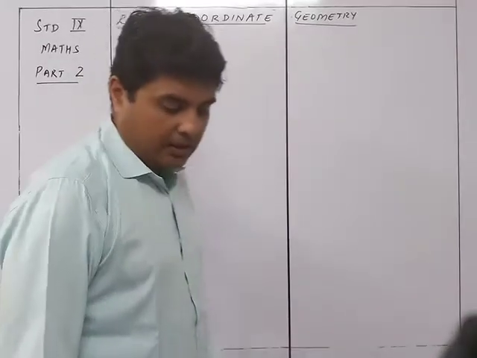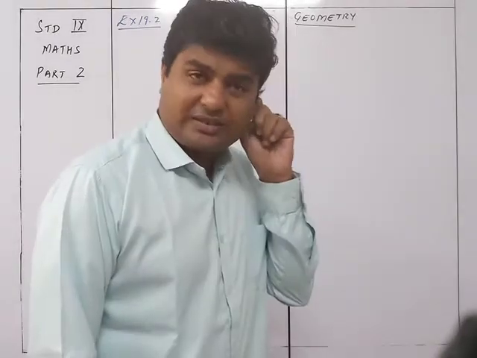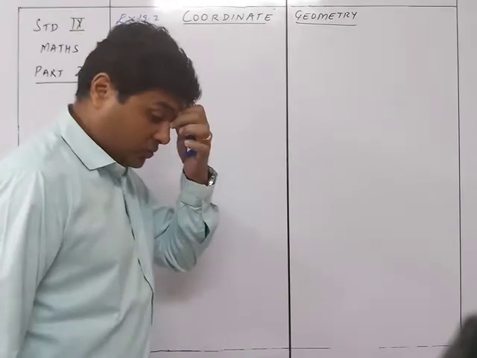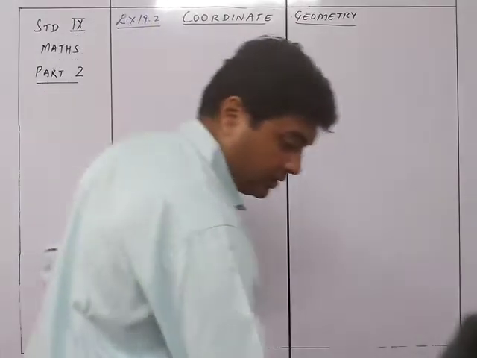Okay, let's see one by one all the sums. So I'll take both the sums of first one, then third, fifth and seventh. Okay, this is how we are going to go about. So let's see the sums one by one.